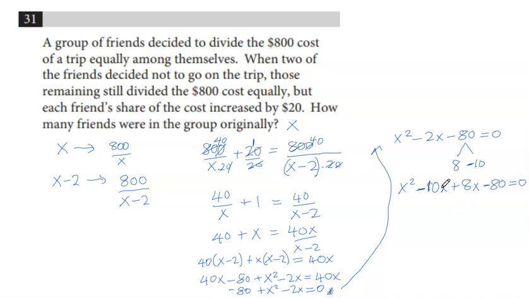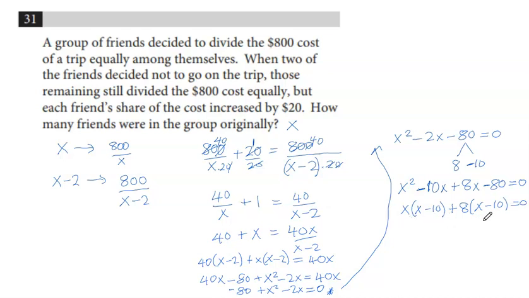All right? Now, we can factor out x between the first two terms. So x minus 10, and then this plus sign comes here. Between these two terms, we can factor out the 8. So we have 8, then x minus 10 is equal to 0, right?